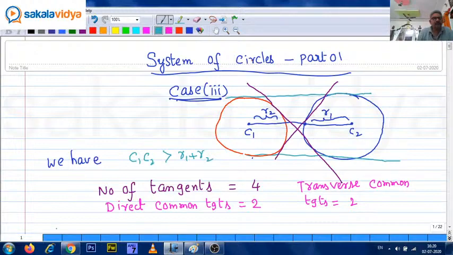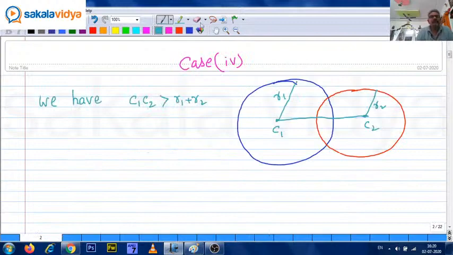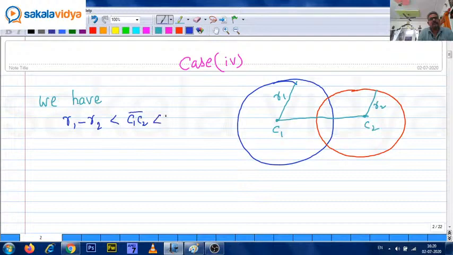Okay, next, for this one, R1 minus R2 is less than C1 C2, less than R1 plus R2.